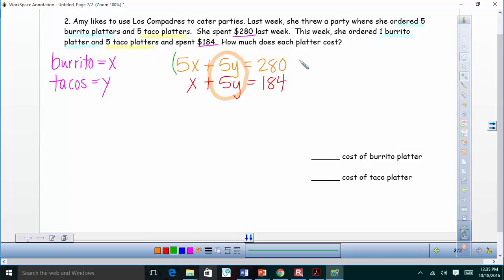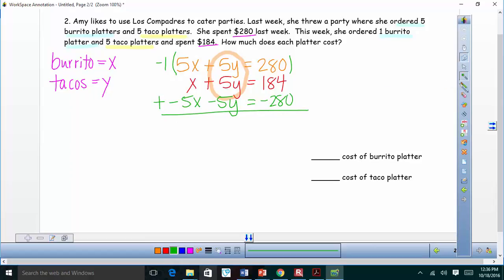The top. Okay, so we're going to multiply everything by -1, which is going to change each sign. So instead of a positive 5x, we get -5x minus 5y equals -280. Okay, so do my y's match now?